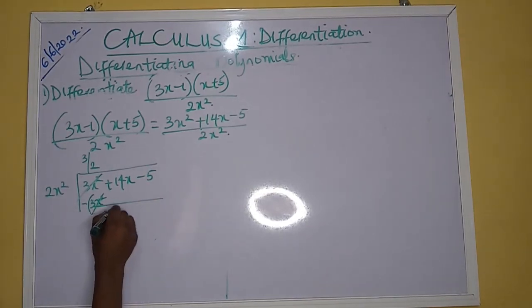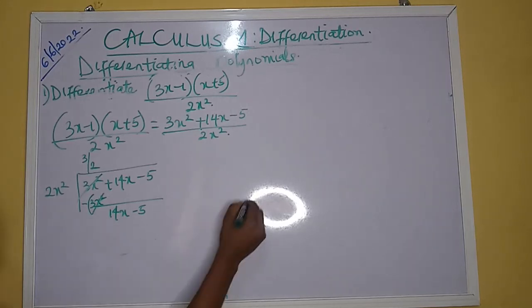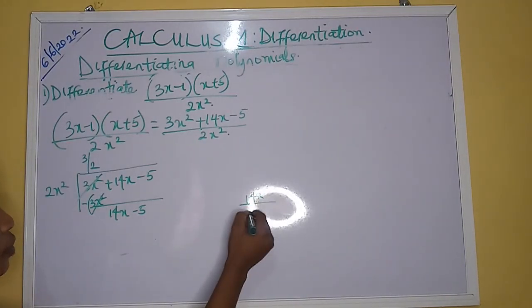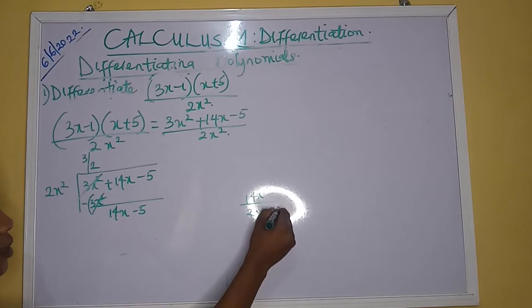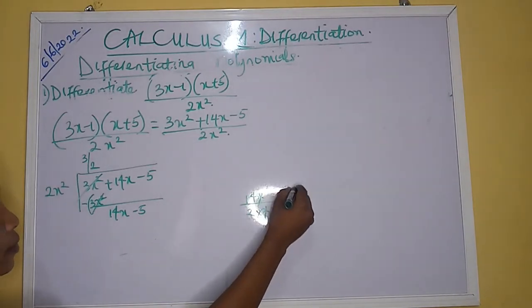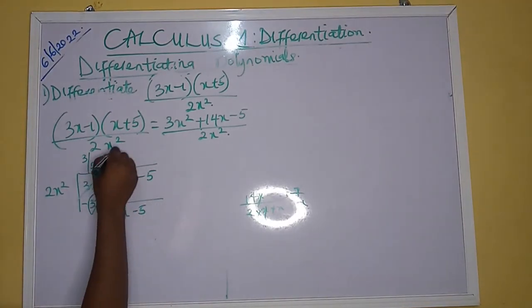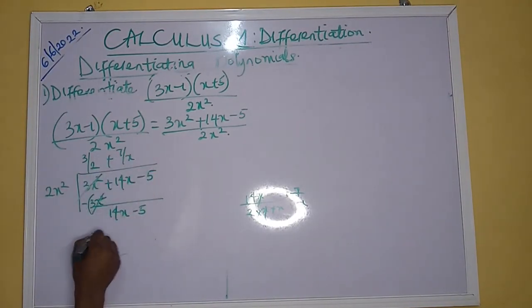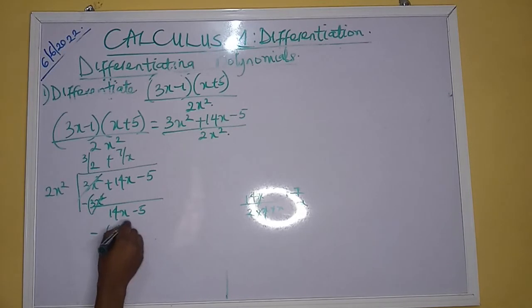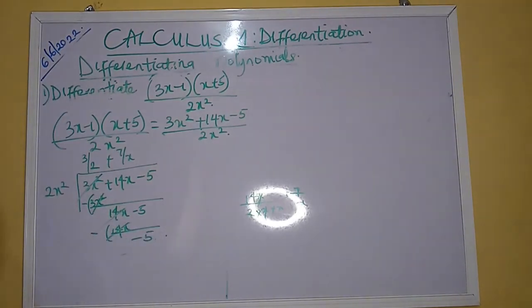So I'm left with 14x minus 5. So if I'm to also divide this, 14x over 2 times x should give me 7 over x. So this is plus 7 over x. When you do this again, you have this. So this is also gone, remaining your minus 5.